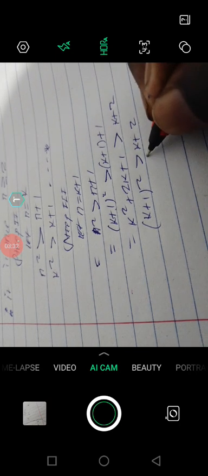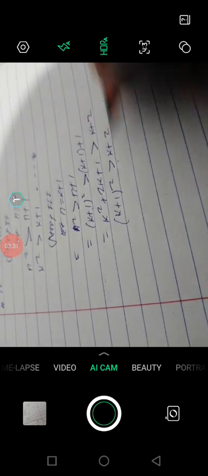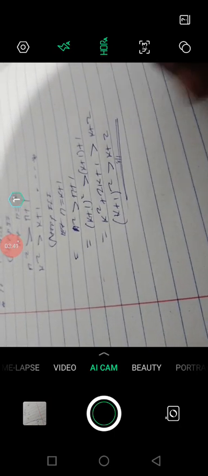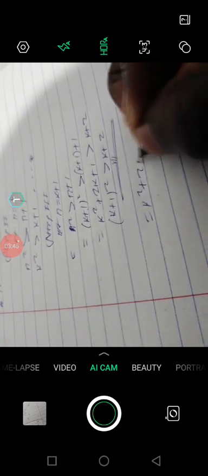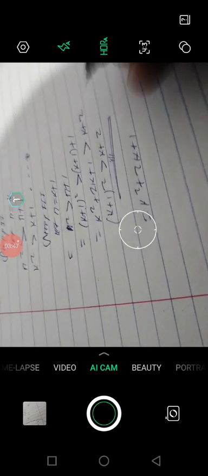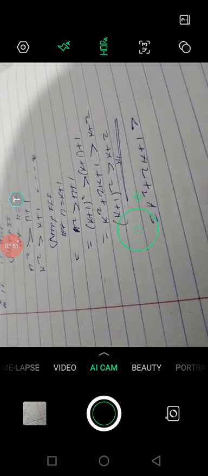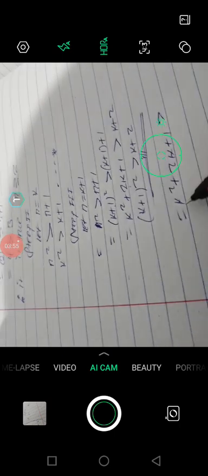If you want, you can end it here. Can you try to prove also, to find out if proving will result in this? If you say k squared plus 2k plus 1 is greater than, now watch out. If I go back to step 2, this is k squared, which is this k squared.